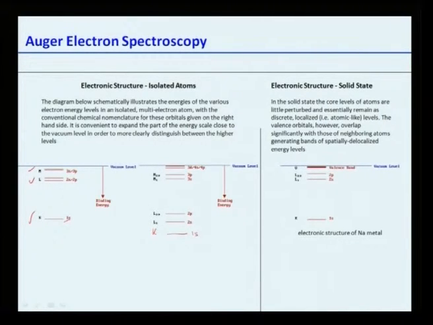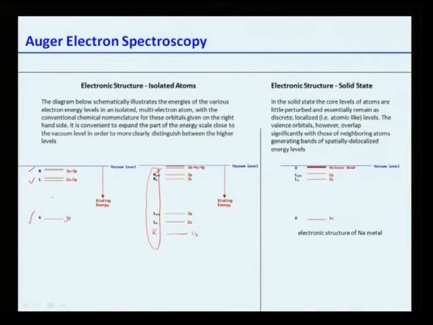M1 corresponds to 3s, M23 corresponds to 3p, and then you have 3d, 4s and 4p levels and above. That is why X-ray people use this nomenclature, and this is the atomic nomenclature. In XPS we use another kind of nomenclature.